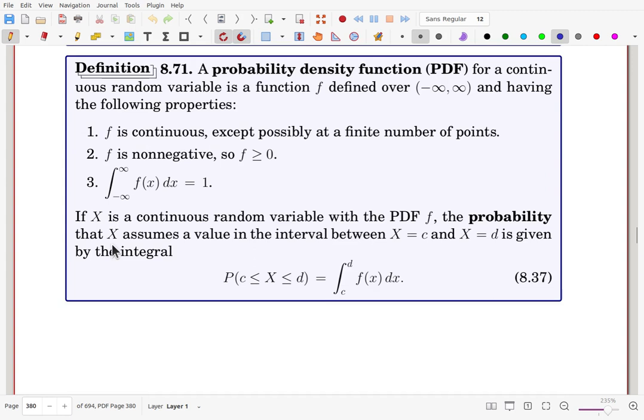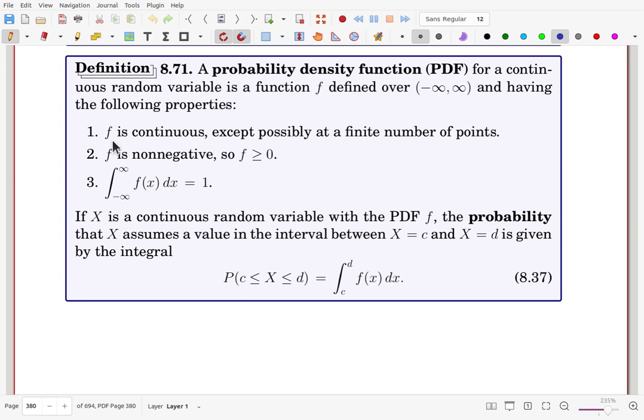Here, we define probability density function, PDF, for a continuous random variable. That is a function f defined over the entire line and having these three properties. It must be piecewise continuous.